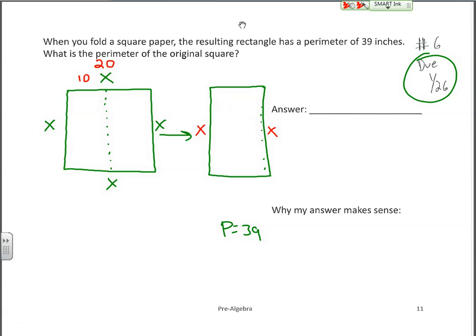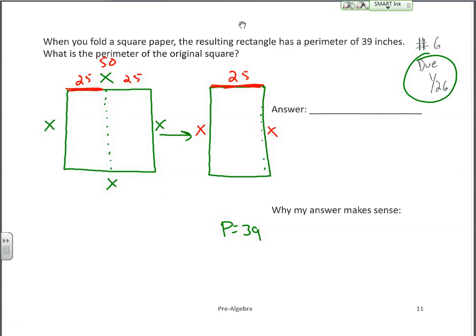Because we'd have 10 here and 10 here, and this is the section that we end up with when we fold it. If x in the original square equals 50, that means we got 25 and 25. So the top side of our new rectangle is going to be 25. Because again, we just have that top side there.